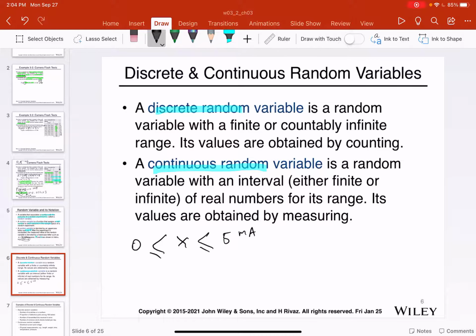So here X will be a continuous random variable. Or let's say you define your experiment as the time that it takes in seconds until the next customer visits Tim Hortons. Then X will be a continuous random variable because time is continuous.